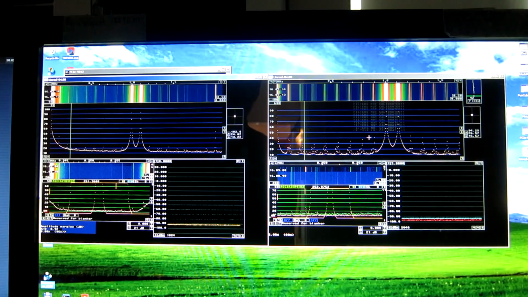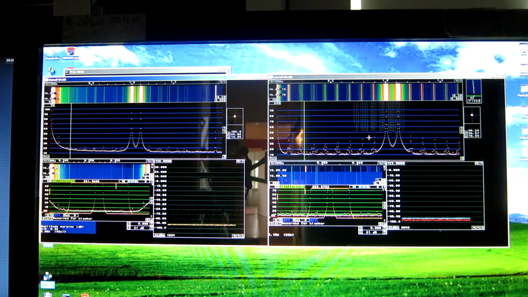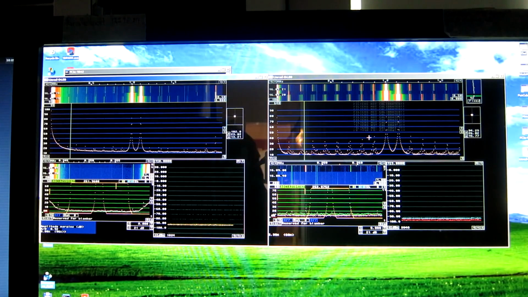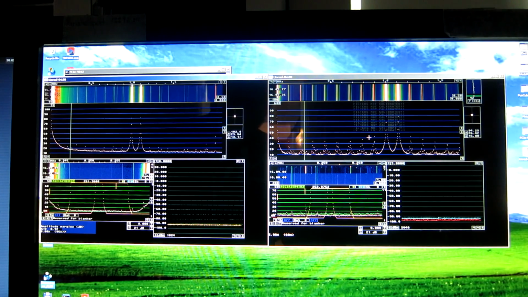I will lower the signal levels one more step. And you see the false signal stays while the real signals go down 10 dB each time.